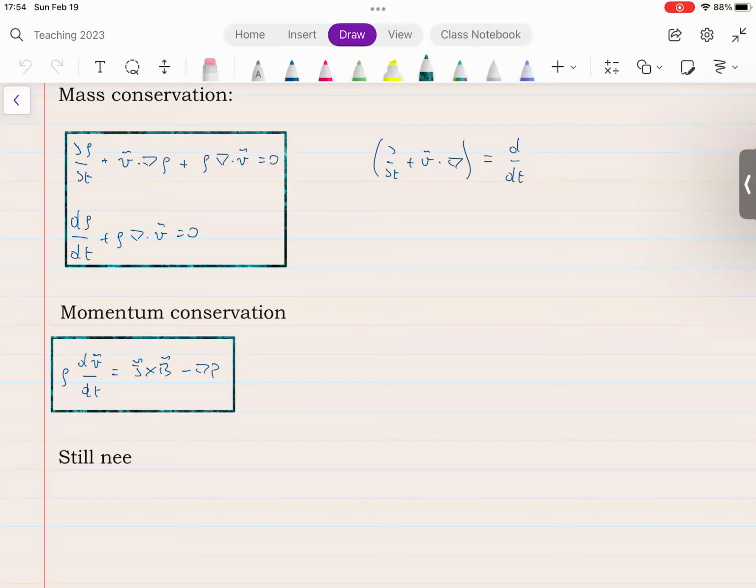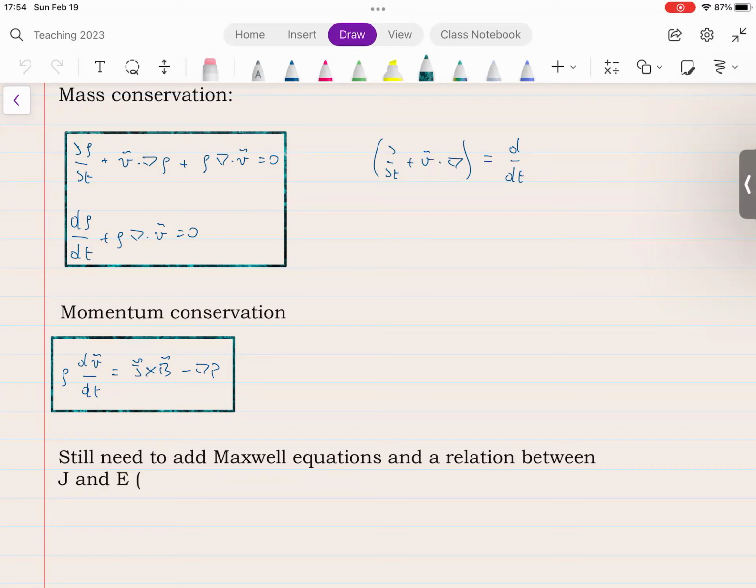Here's what I need to do. I still need to add the Maxwell equations to my system. I'm not going to write them. And a relation between J and E, if you like, an Ohm's law.